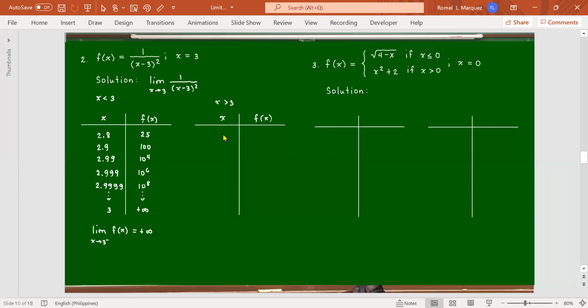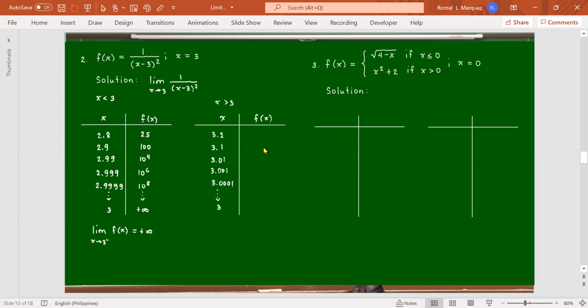Let's start with 3.2, then we have 3.1, 3.01, 3.001, 3.0001. I think these are enough. So let's see if we can get a pattern.